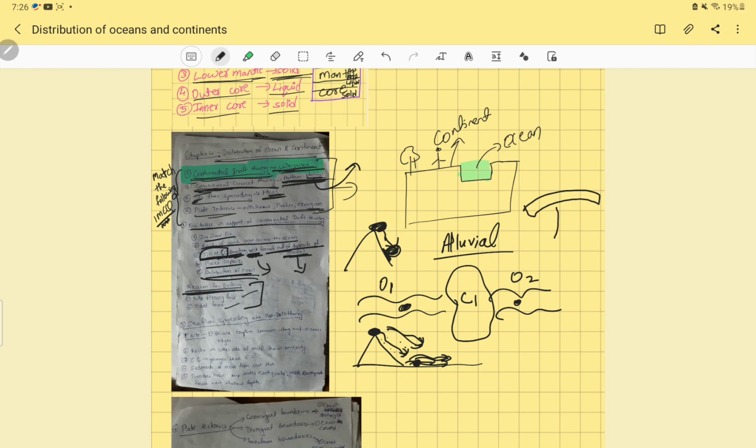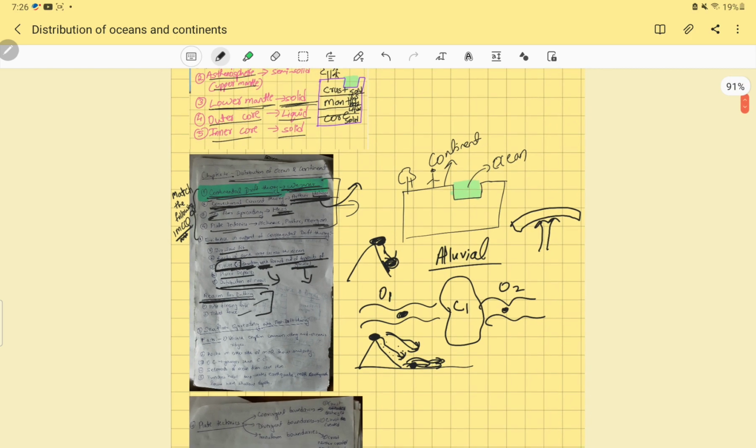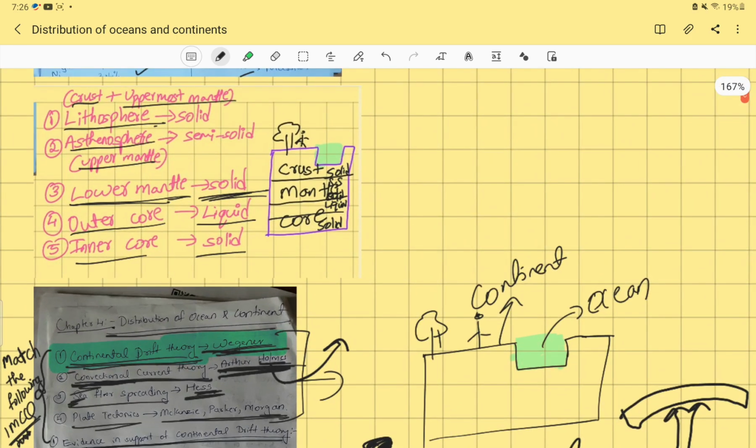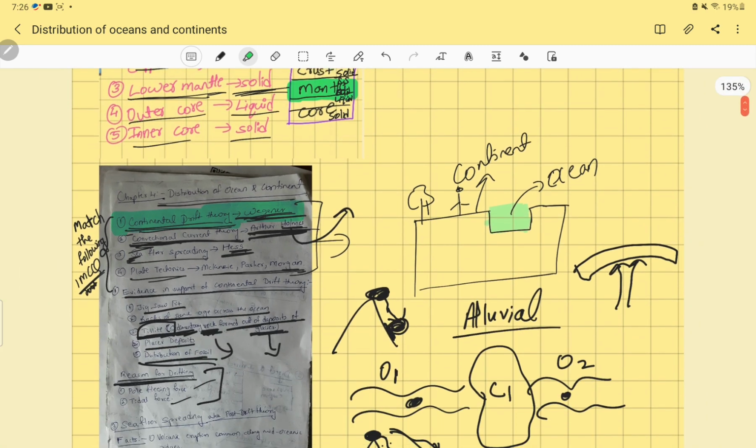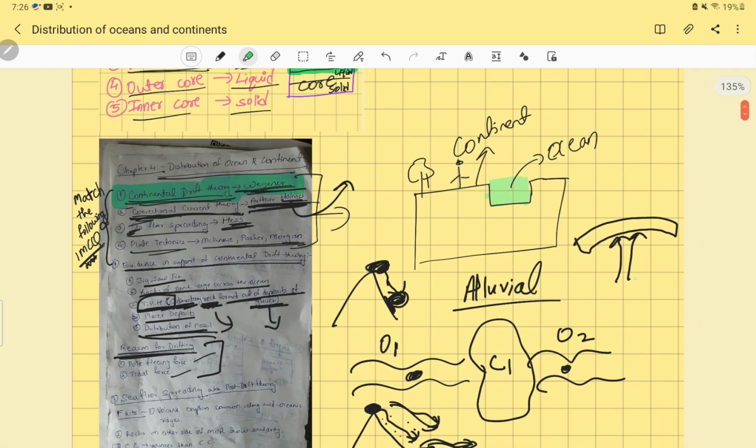He said there are convectional currents acting in the mantle portion of the earth. So here you have seen, this is the mantle portion of the earth. There are currents acting in this mantle portion. That's the reason they are moving these plates apart.